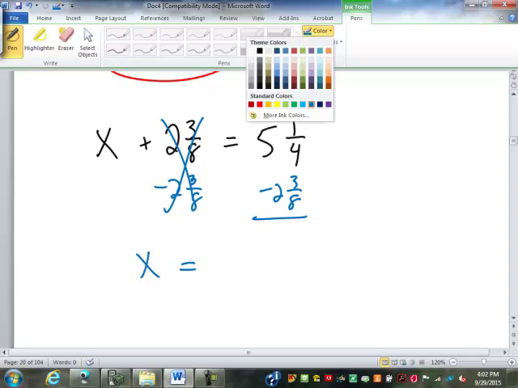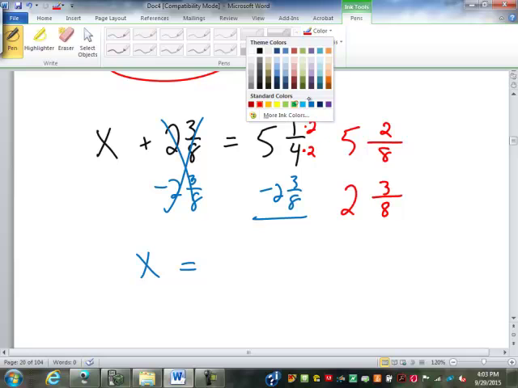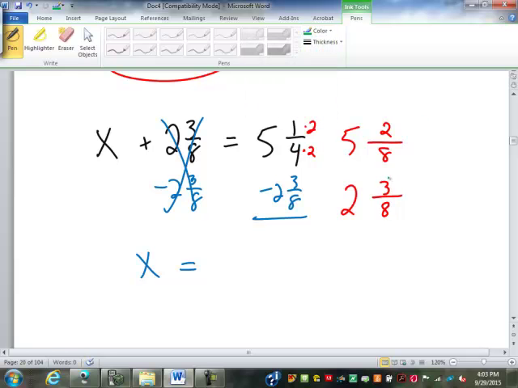On the other side, we need a common denominator, which is going to be 8. So the 2 3/8 stays the same. 1/4 becomes 4 times, you got it, 4 times 2 makes 8, so 1 times 2 is 2, so it's 2/8. So we go to subtract 2/8 minus 3/8.